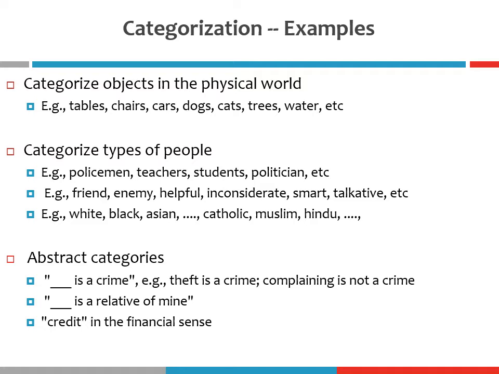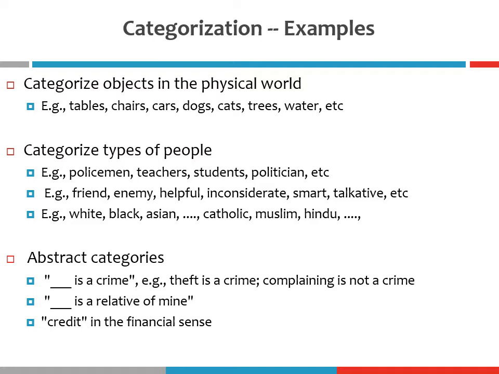For example, moral concepts like crime or theft or complaining. All of those things are categorized as crimes even though they feature very different qualities. And we also have categories like relative.